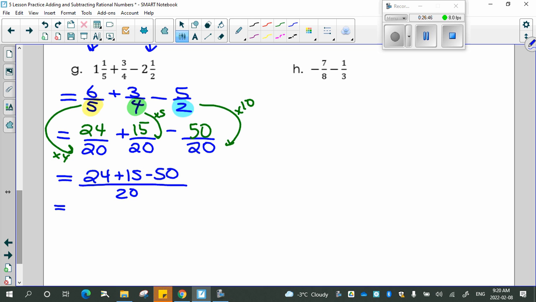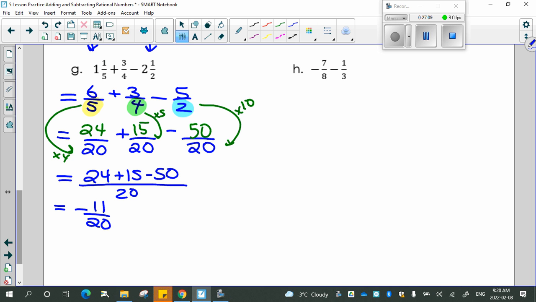The denominator stays the same, really important. Common mistake is to add, subtract denominators. So that's going to be 39 minus 50. So we're going to be negative 11 20ths. Does that reduce? No. You're done.